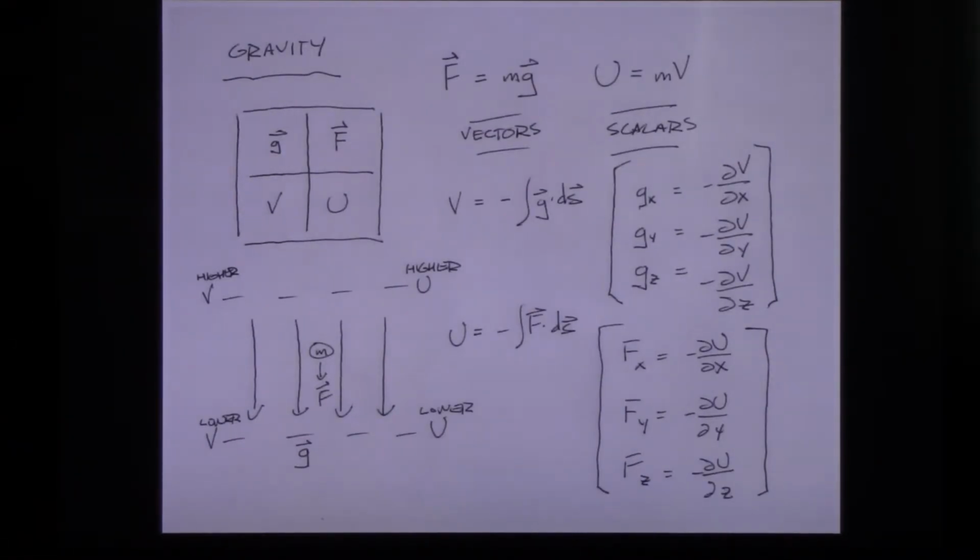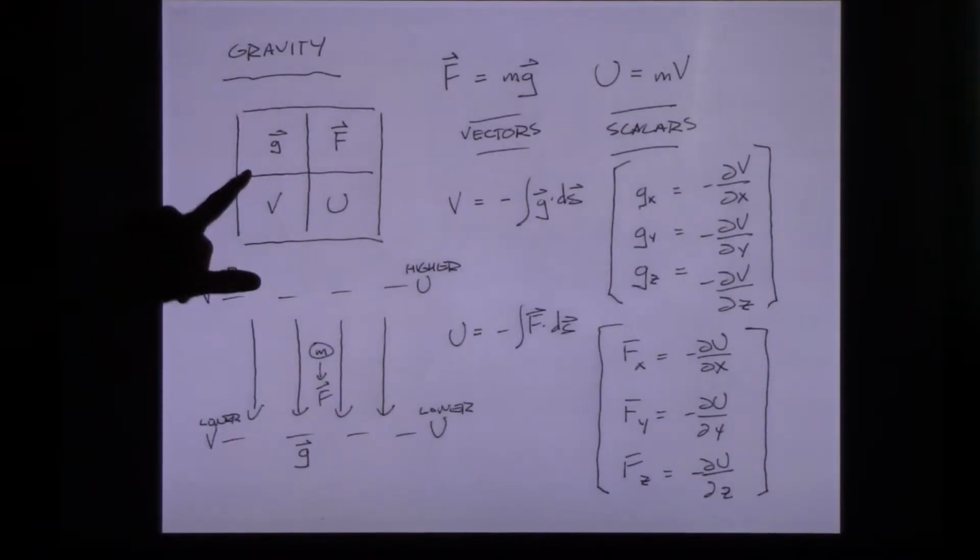Turns out gravity works the same way, right? So if we're going to do a summary chart of how the electric force behaves, what are the major players here, what do I have to keep track of? I can always draw gravitational analogies. So in the gravitational case, here's a gravitational field.